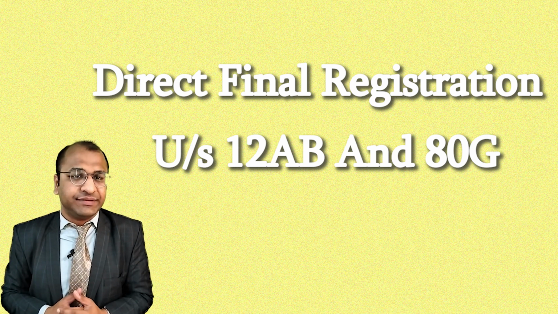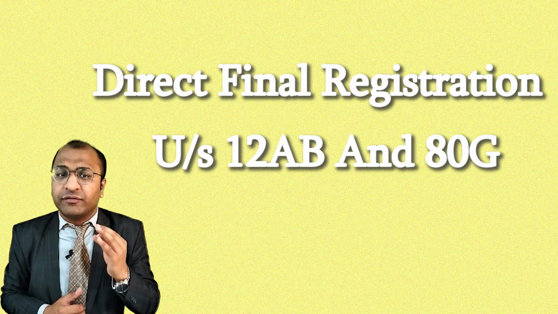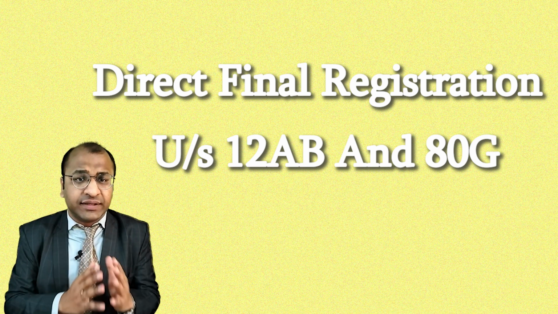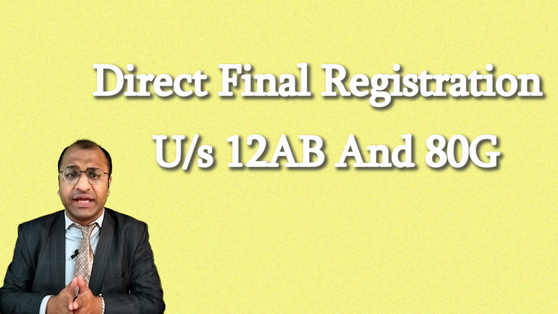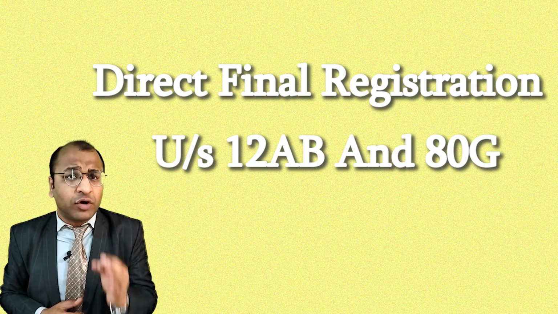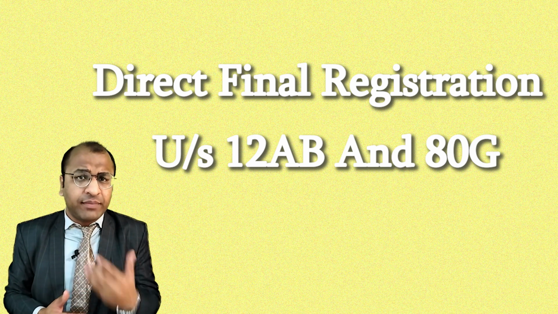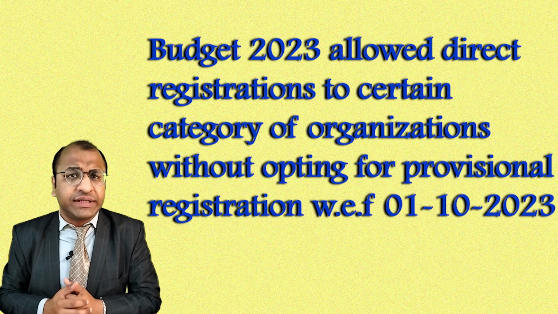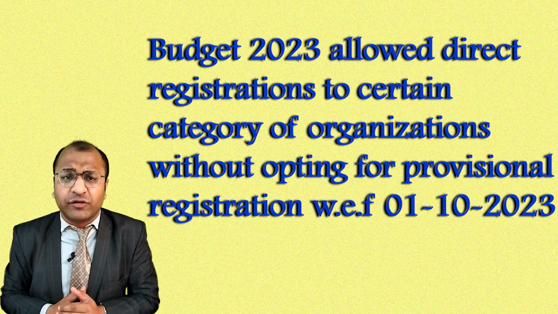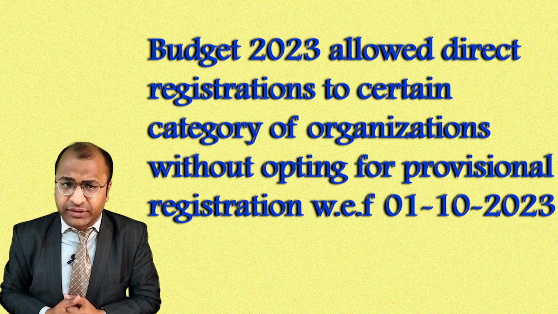After 1st October 2023, while filing Form number 10AB, you all must be seeing some new section codes 4A, 14A and many other such codes which were not there earlier. Now what is that? You might not remember, but Budget 2023 allowed direct registrations to certain category of organizations without opting for provisional registration.